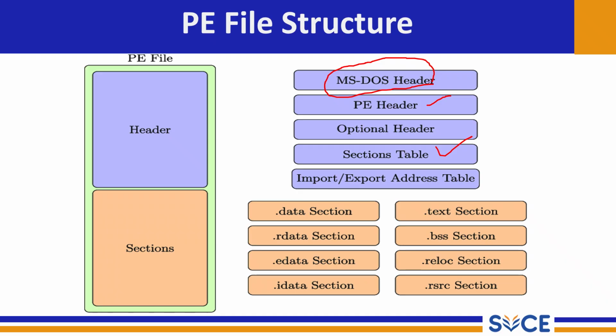Analyzing section characteristics such as permissions and sizes can help to identify packed or obfuscated malware. And next, import and export. The import and export tables reveal the libraries and functions the executable relies on, which can be indicators of malicious intent.